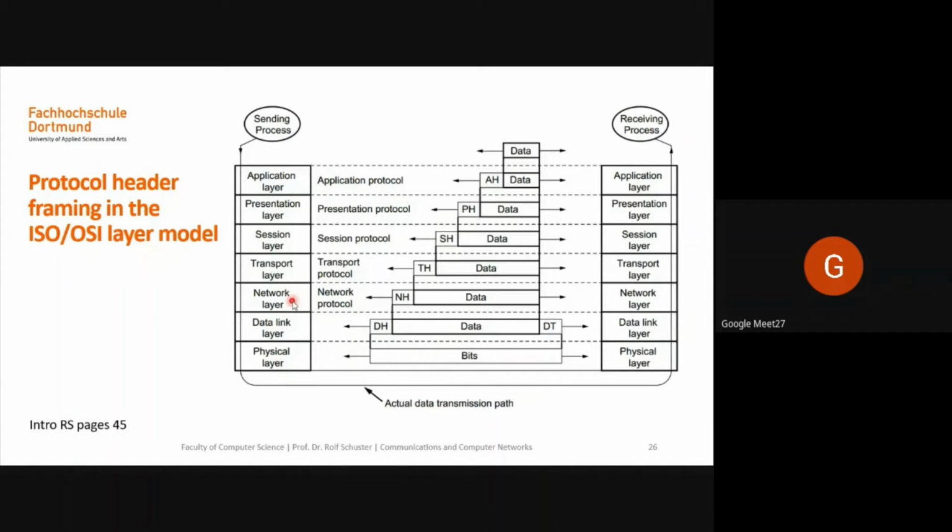And at the network layer, we talk about packets or datagrams, depending on the particular network protocol. At the transport layer, we talk about segments, for instance, and in the upper layers, we talk typically about application messages.